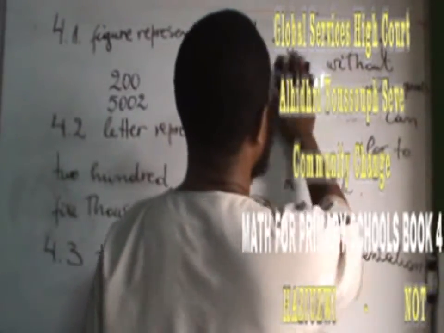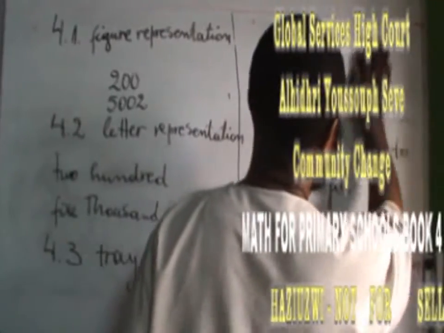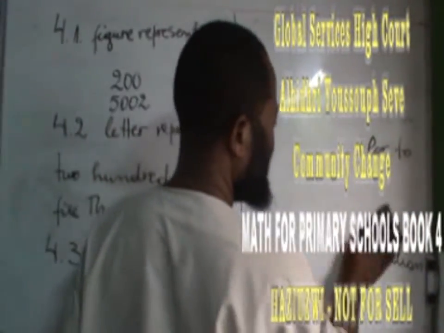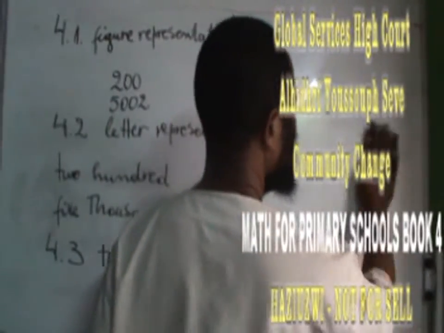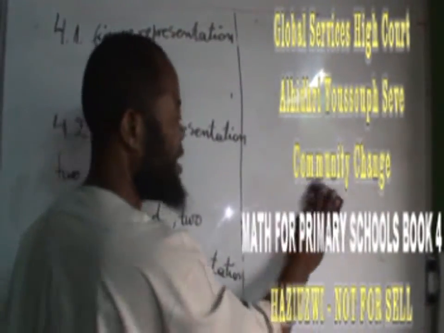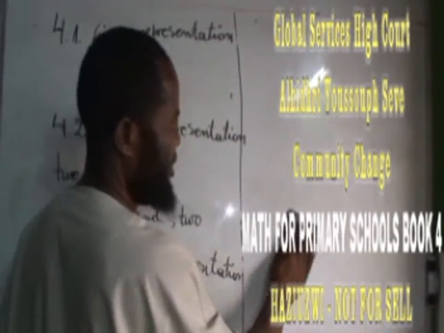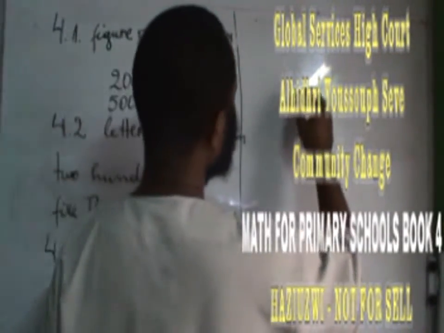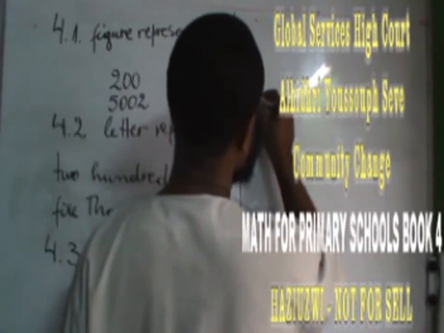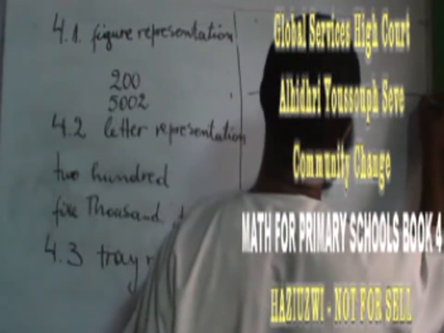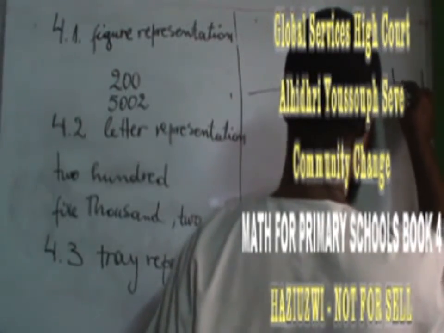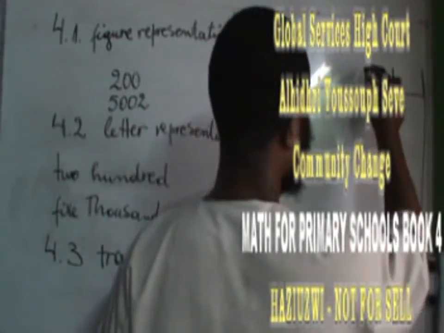When you are dealing with a tray representation, you must draw a table which is called a tray representation as follows, by using columns.